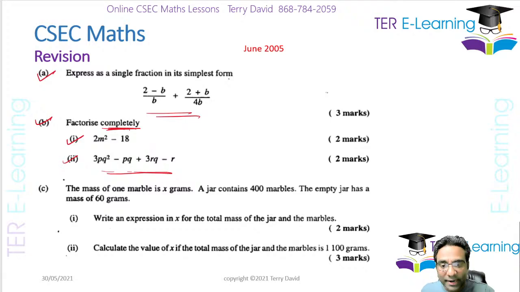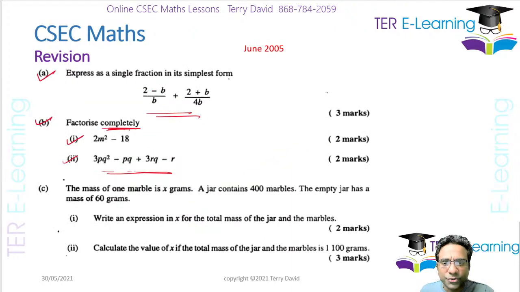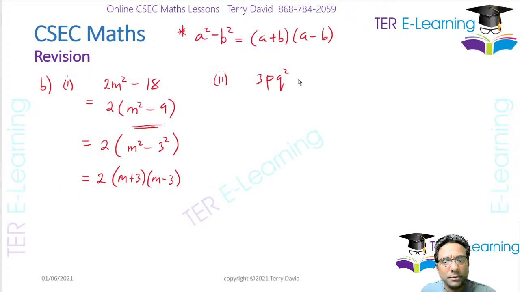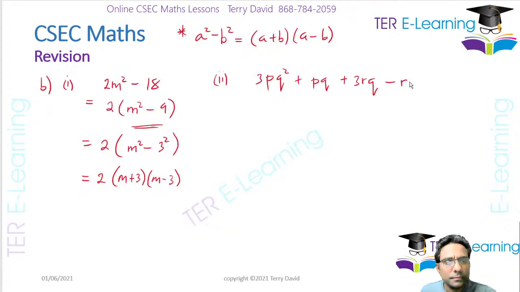So this is part 2: 3pq squared minus pq plus 3rq squared minus r.